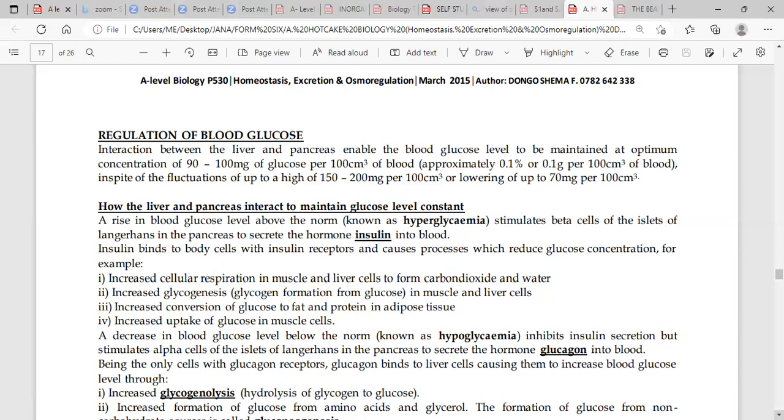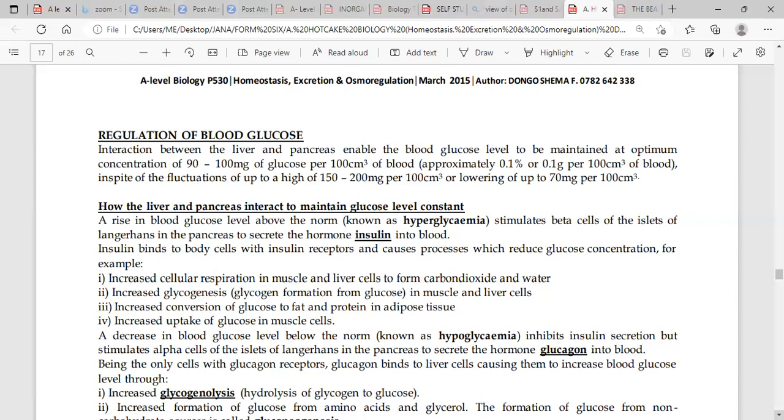There is inhibition of insulin secretion, but then there is stimulation of the alpha cells of the islets of Langerhans in the pancreas that will secrete a hormone known as glucagon into the blood.